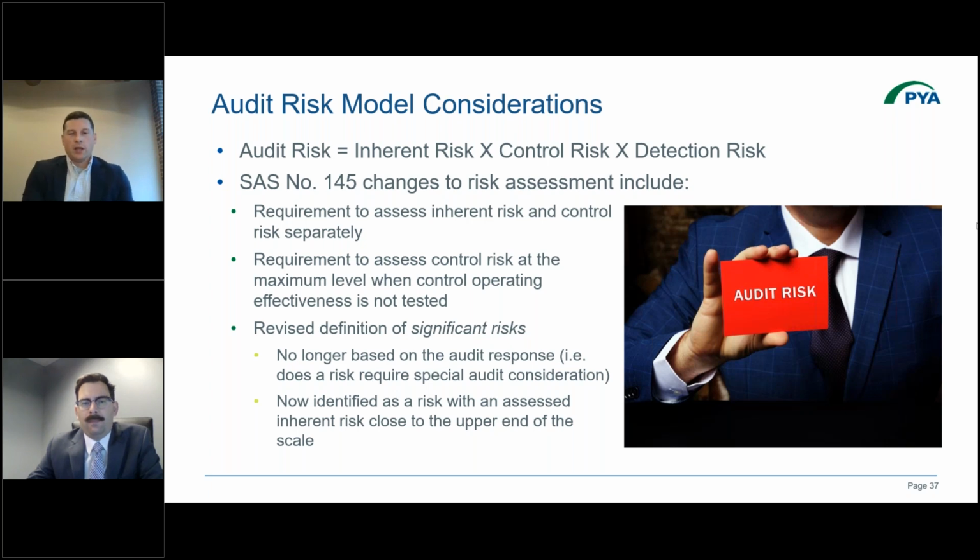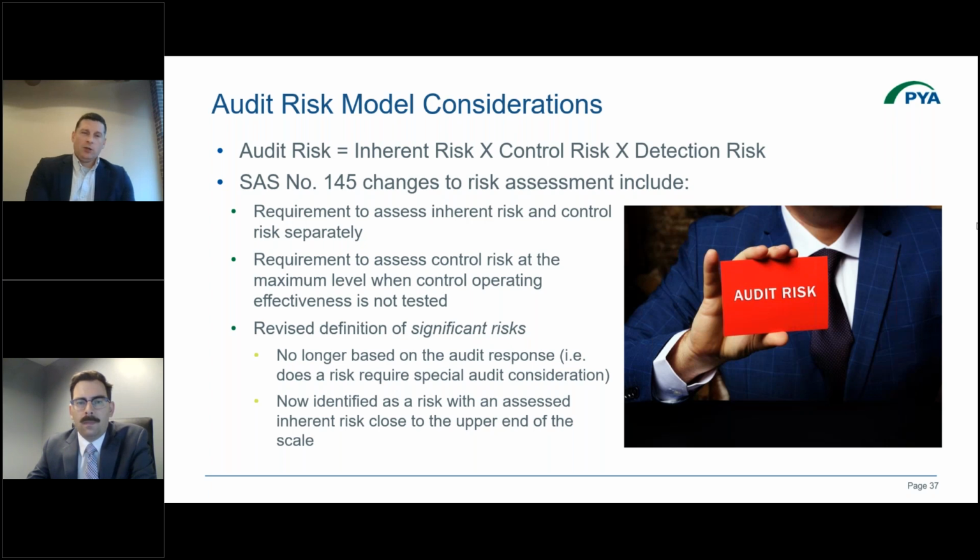So what auditors were able to do in the past is, instead of having to go in there and say, okay, what's the inherent risk of this area? What's the control risk? Let's get our total risk of material misstatement score, if you will, and typically that's assessed at low, medium, maximum, those type of tiers.